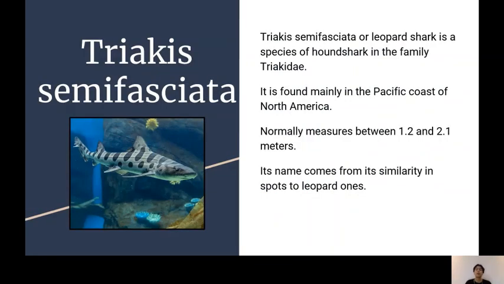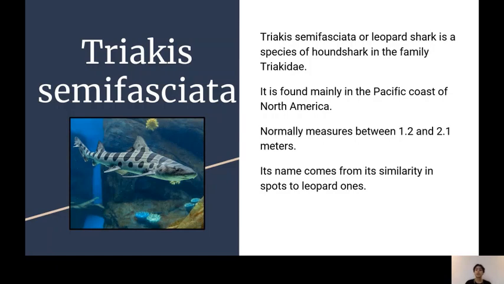So now let's start. Well, first, the leopard shark's scientific name is Triakis semifasciata. This Triakis semifasciata, or leopard shark, is a species of houndshark in the family Triakidae.